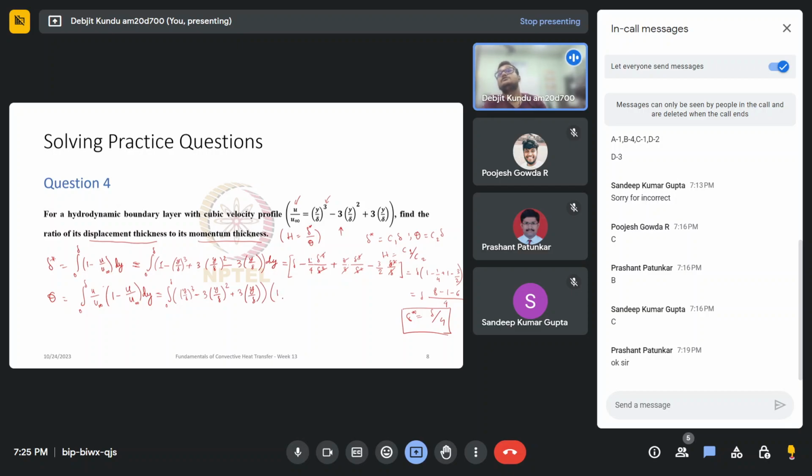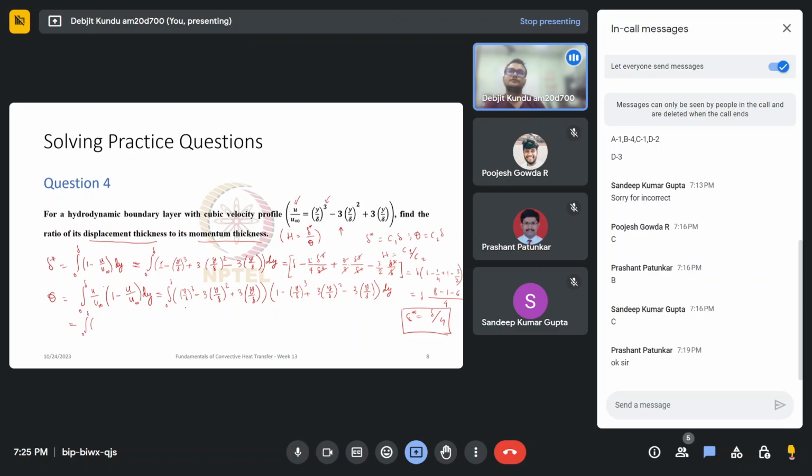So 3 into 4, there will be 12 terms. Handling that is a bit of a challenge. Anyway, we have to do it carefully and finally we will arrive at the answer. So let's write down the 12 terms. We'll do it one by one.